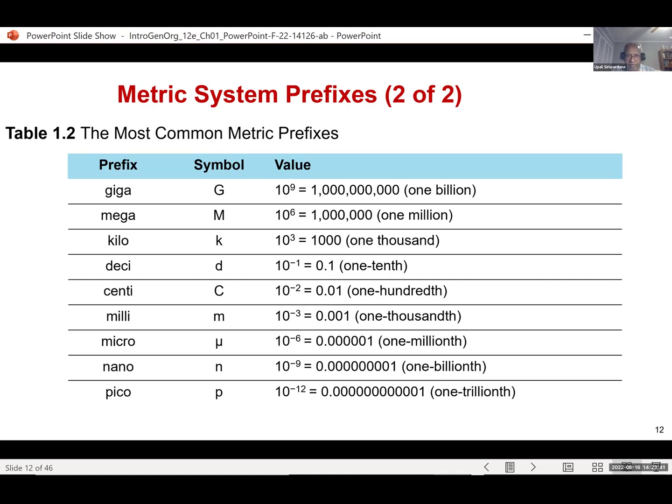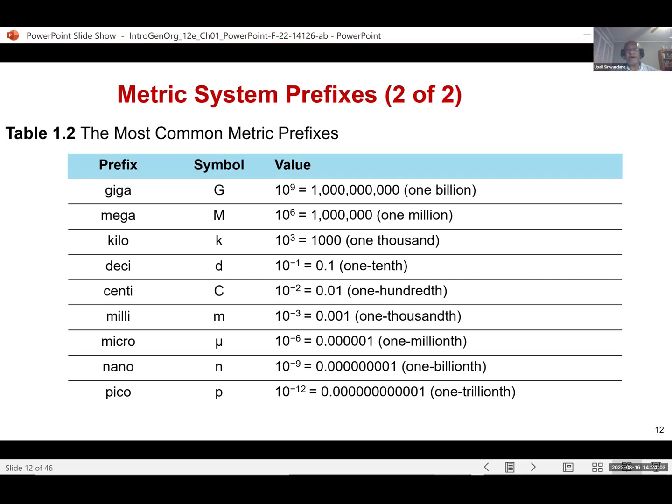Can you answer that? Kilometer is 10 to the 3.